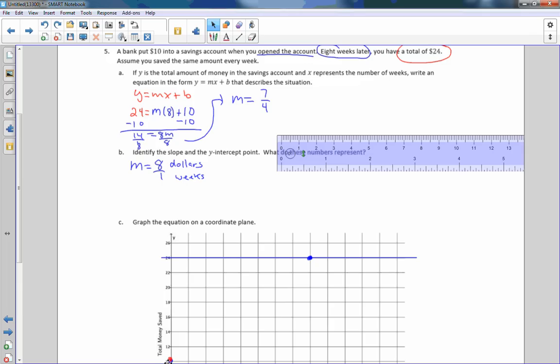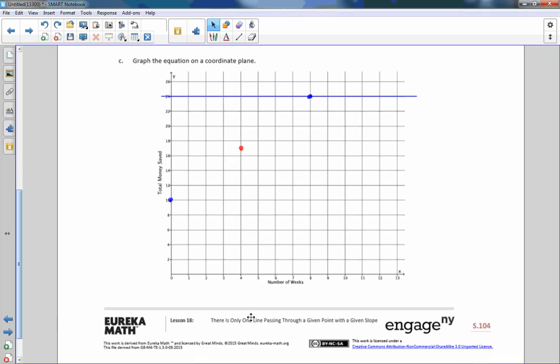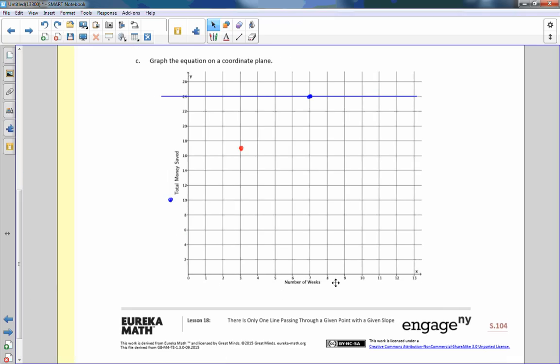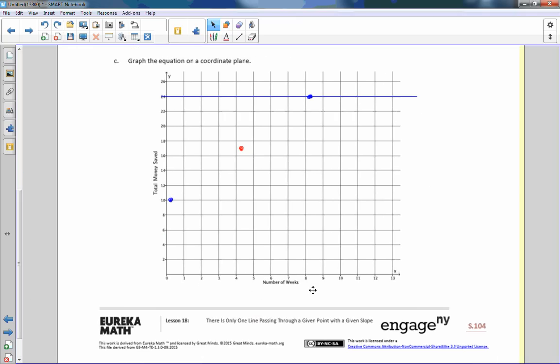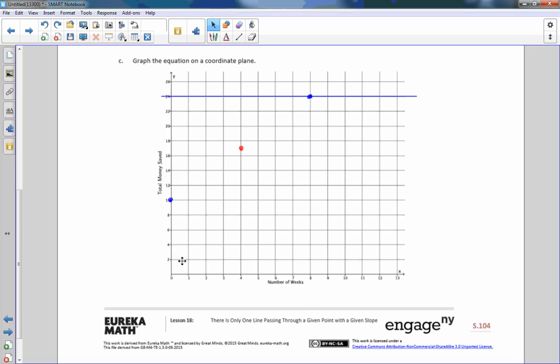So let's do that again. So rise 7, 2, 4, 6, 7 is halfway, and then run 4. 1, 2, 3, 4. Okay, so now that point is right there, and that is 4. So it's going in measurements of 1 per week here, and up by $2.